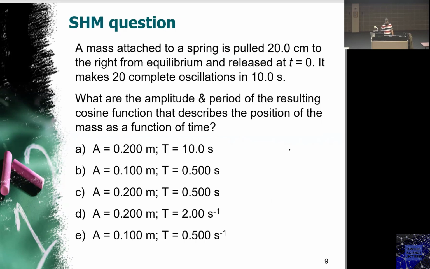If we have a mass that is attached to a spring and pulled 20 centimeters to the right, it's very important to understand what is the function here. If I pull it to the right 20 centimeters and I release it from the right side, what function do I have? Is it a sine?